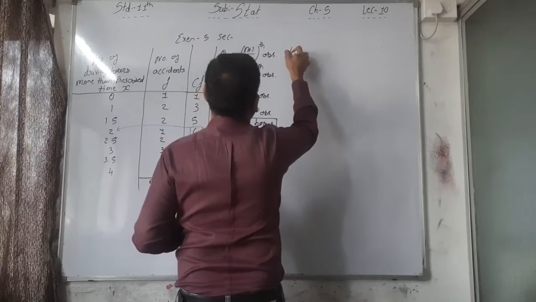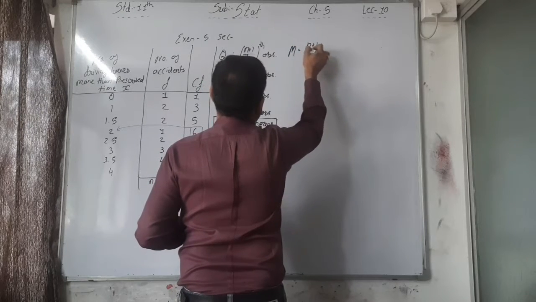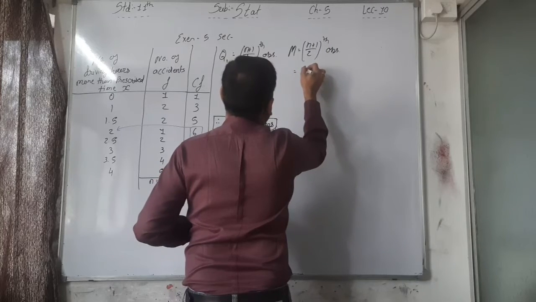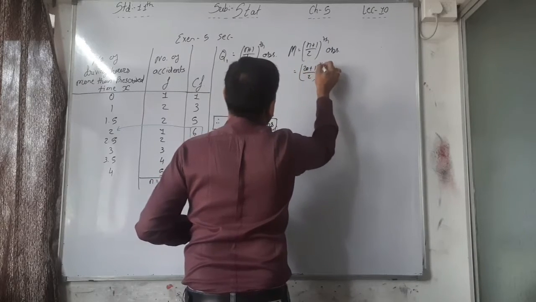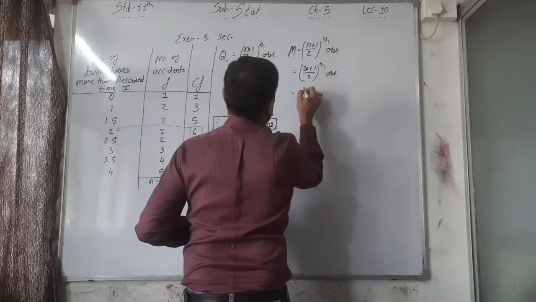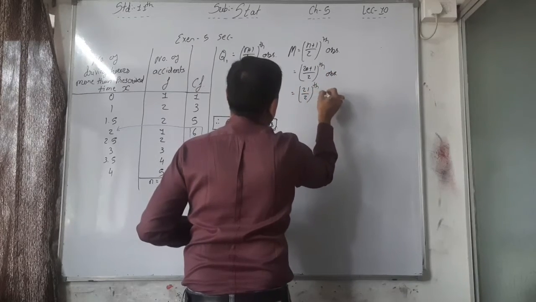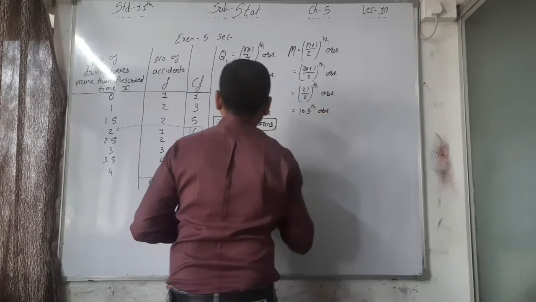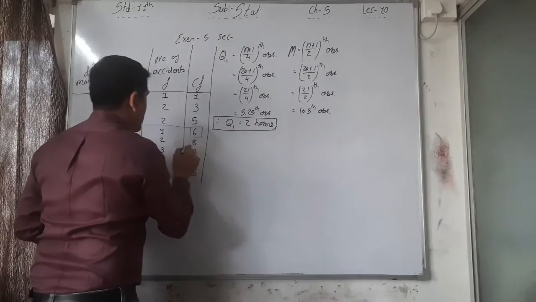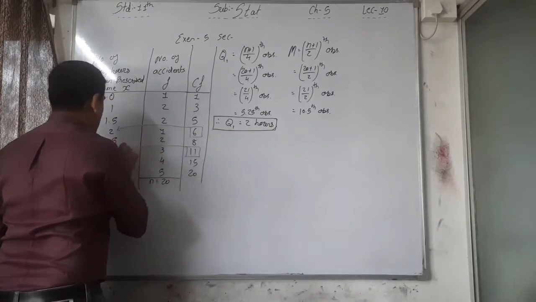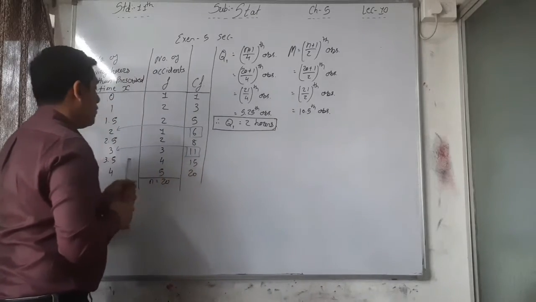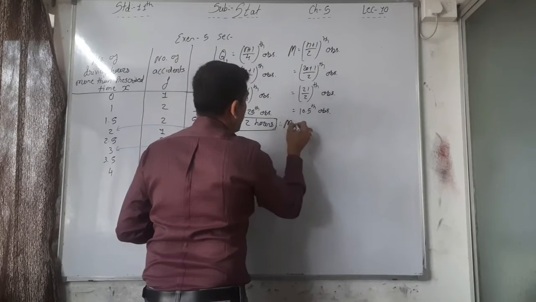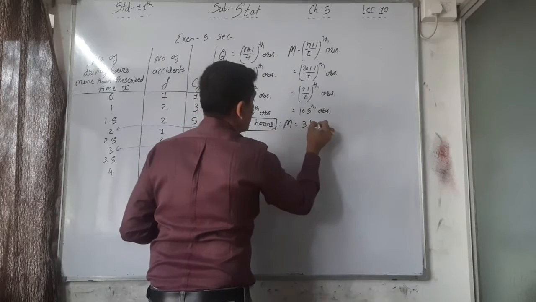Now Q2, that is the (n plus 1) by 2th observation, that is (20 plus 1) by 2, that is 21 by 2, the 10.5th observation. In the cumulative frequency column, 10 is after 8 and before 11. So for 10.5, the corresponding value of the median is 3 hours.